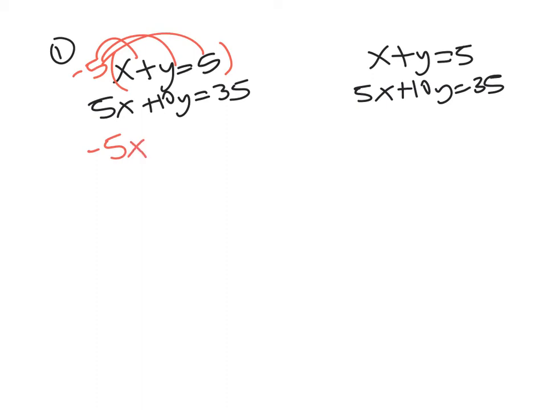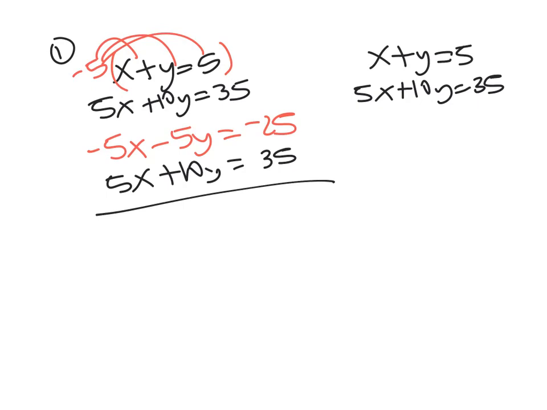So I have -5x minus 5y equals -25. And then I keep my other equation, 5x plus 10y equals 35. So my x's will cancel out. -5y plus 10y is just 5y. -25 plus 35 is 10. I divide by 5, so I get y equals 2.